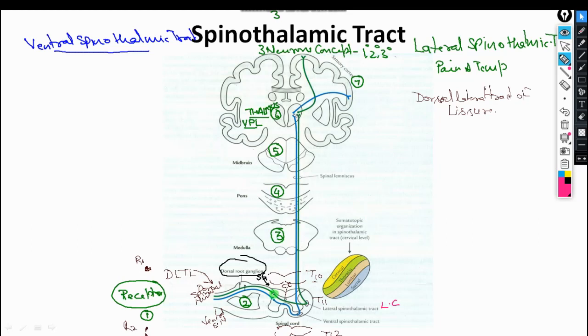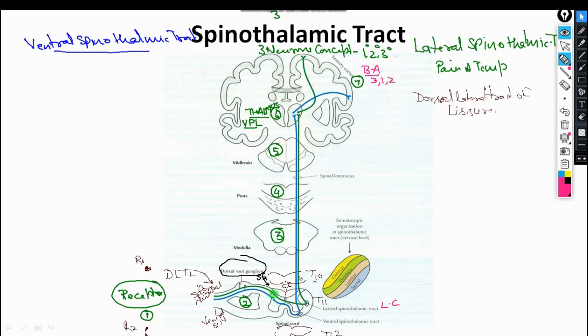And in the thalamus, you can see this is the ventro-posterior lateral nucleus of the thalamus. Now this thalamic radiation then reaches to the sensory cortex. In this sensory cortex area, this here is a Brodmann's area. I am writing in short BA. It's a Brodmann area, area number 3, 1 and 2.